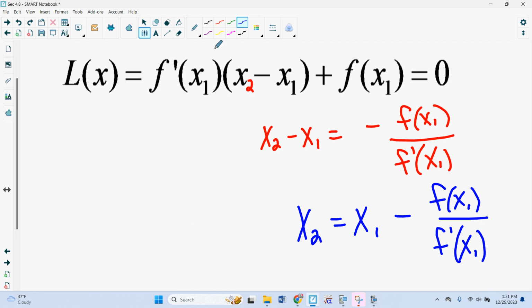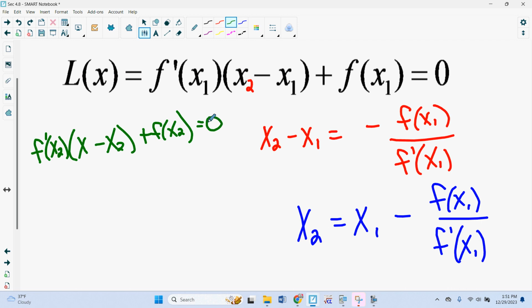Now, if you could imagine for a second that we then do the same thing with the x2, and we get our equation of our tangent line at x2. We set it equal to 0 to find our x3. The same pattern.